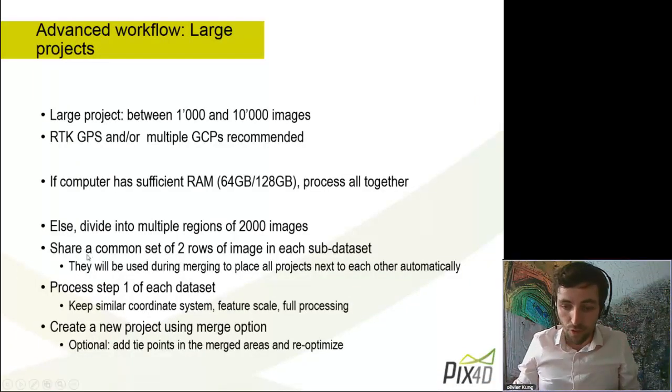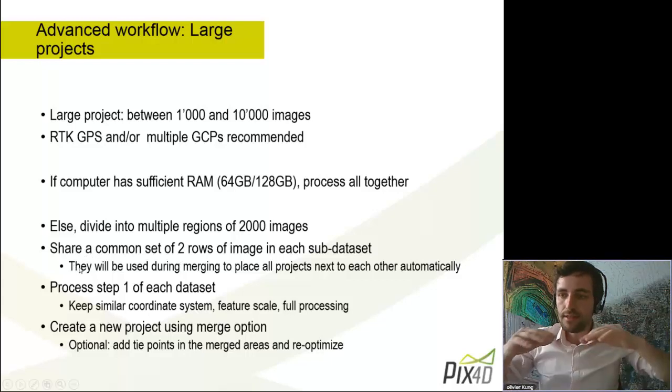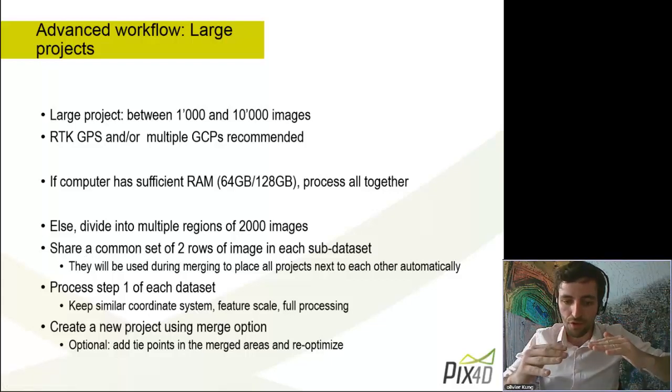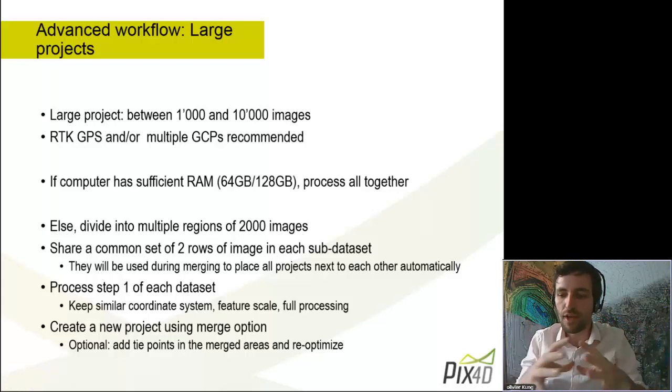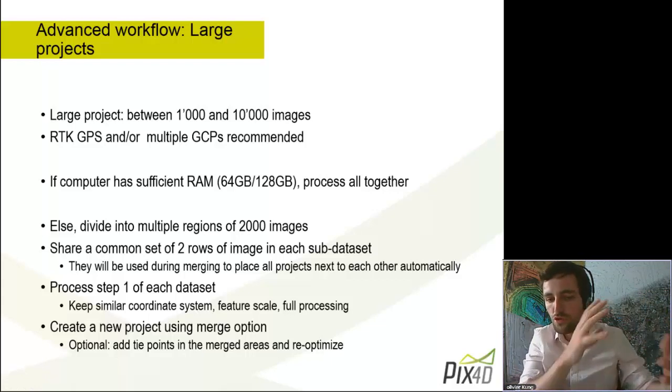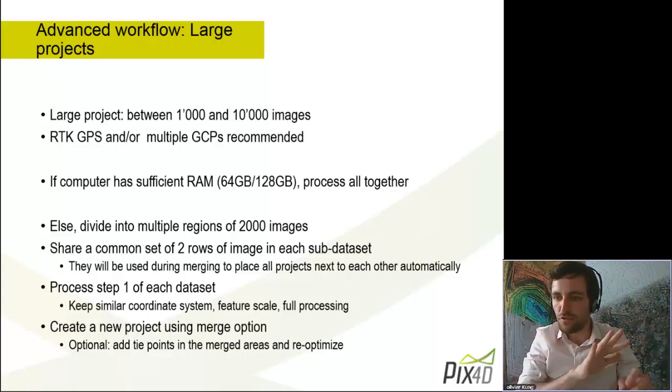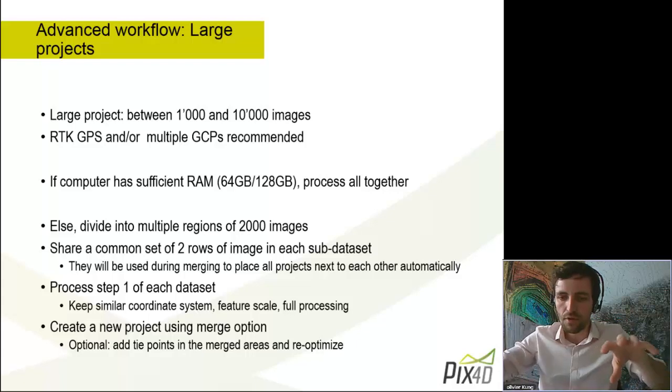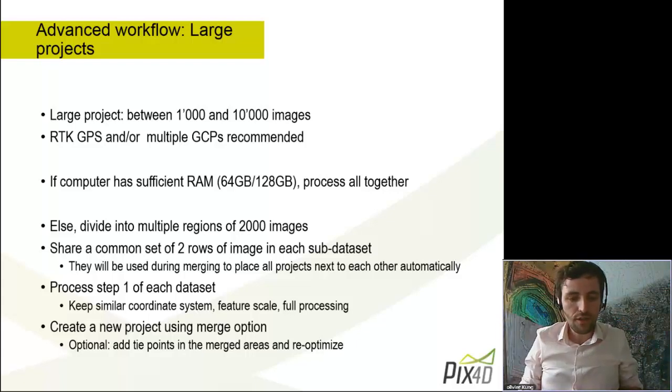The reason why this is so important is that these common images will be used when you merge all the projects together, in order to perfectly know how to align these different data sets together. So the way you would do it is you would take your 10,000 images and divide them into subsets of, let's say, 2,200 images, so they each have sufficient images shared between the sub data sets. Then for each data set, you start the processing of step 1 only.